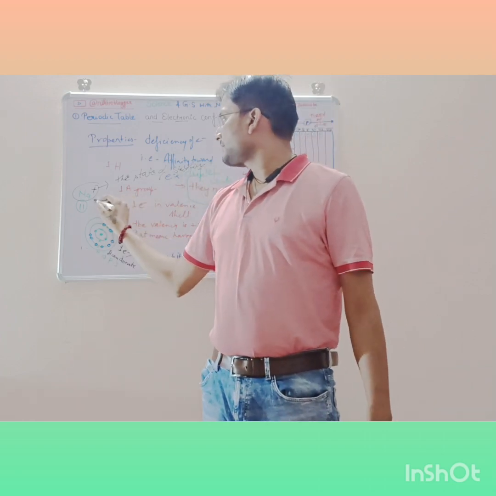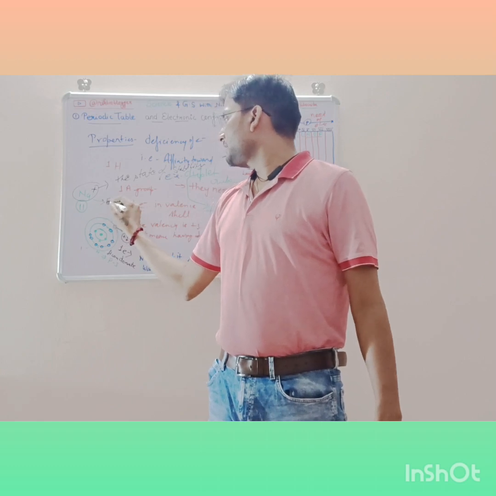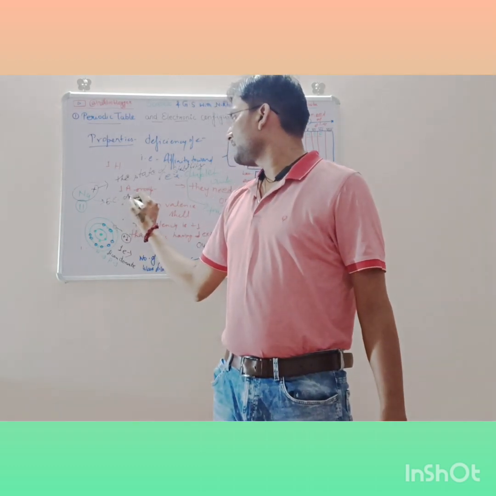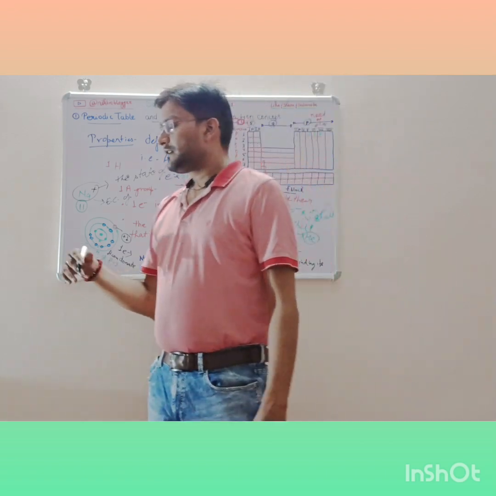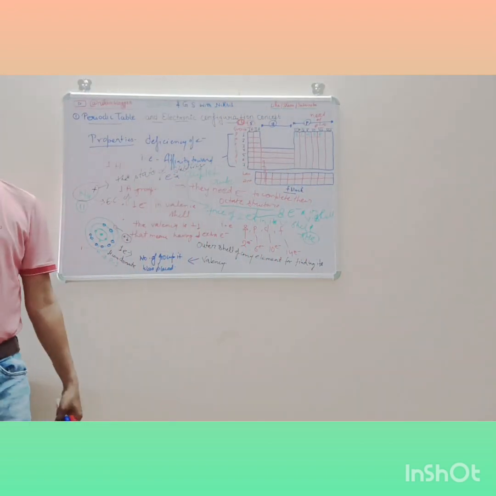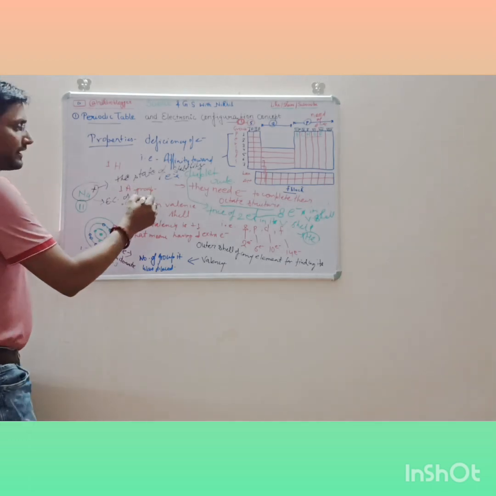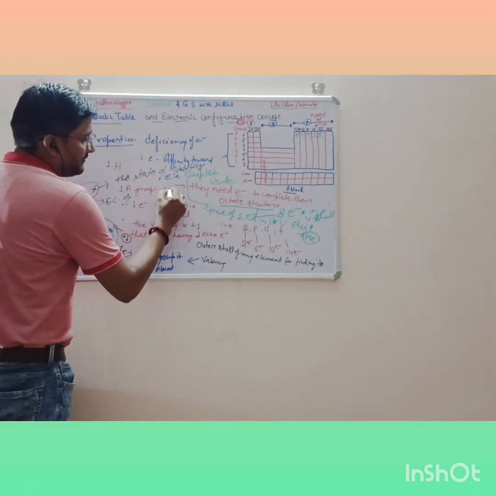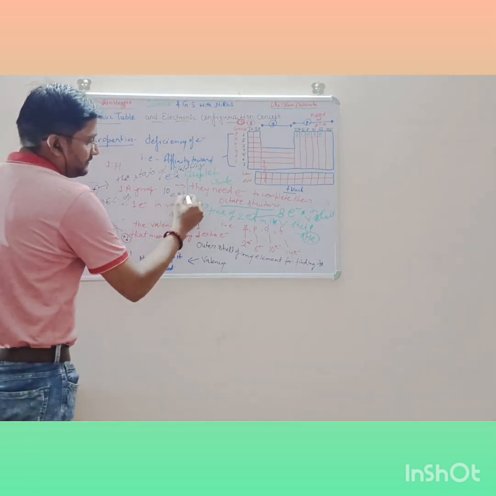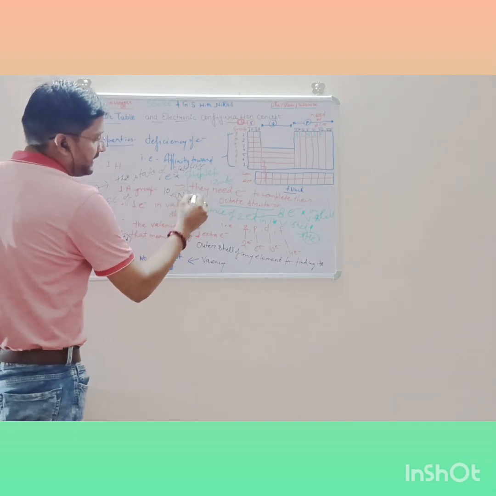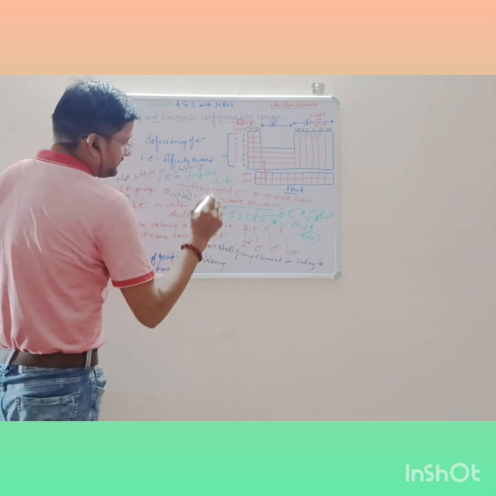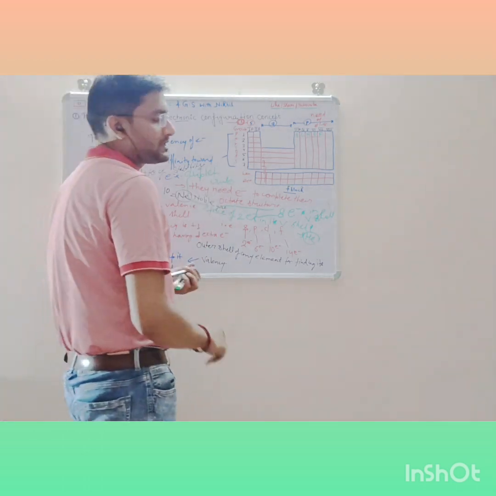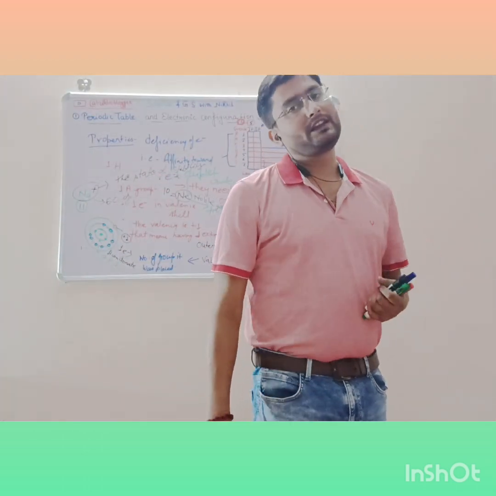That means the electronic configuration of the element before that, the atomic number 10, that is neon. And neon is a noble gas which is inert in nature. That means it is non-reactive in nature.